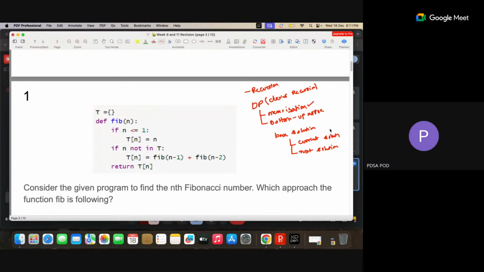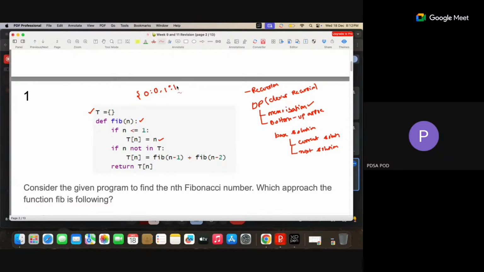In this particular problem, a dictionary is used. Am I right? Is it a dictionary? Yeah, cool. Now the Fibonacci function they are calling: if the base case is below or equal to 1, we simply store t of n equal to n. It's a dictionary, so it stores n with the n value. Whenever 0 or 1 is there, the 0th key will store 0 and the 1 key will store 1.